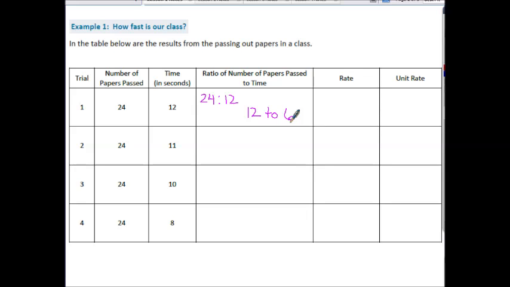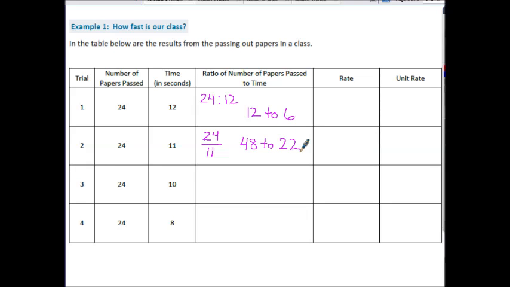A third way to write ratios, if we look at our trial 2, we have 24 and 11. So we could write this as a fraction, 24/11, which is still read 24 to 11. And these don't have a common factor that I can divide out, so I can multiply by a constant. Let's say we multiply both of them by 2, and that will give us 48/22.